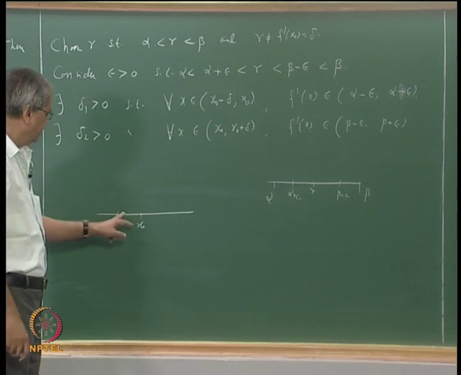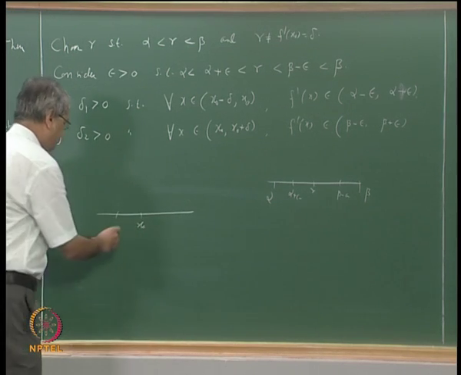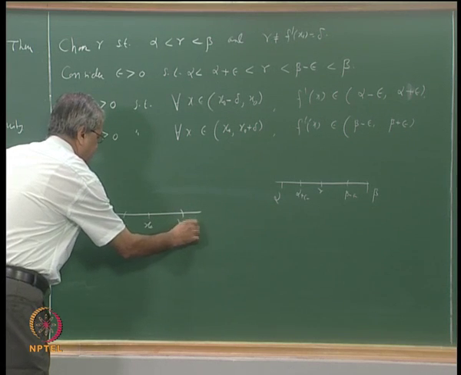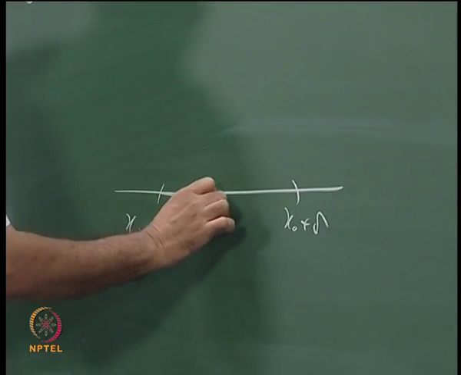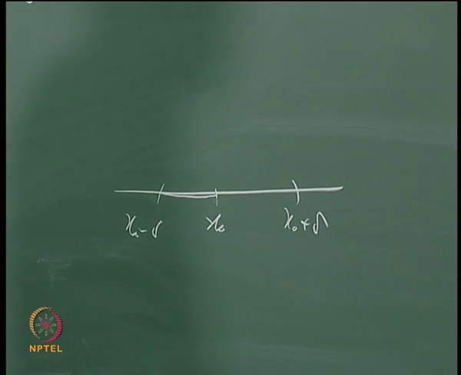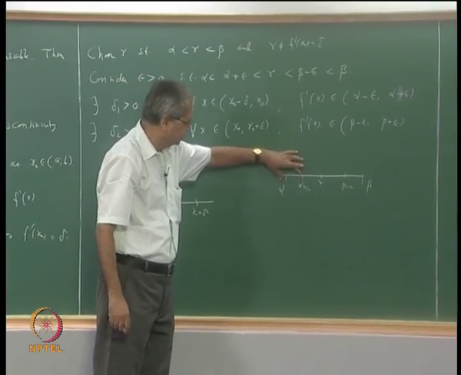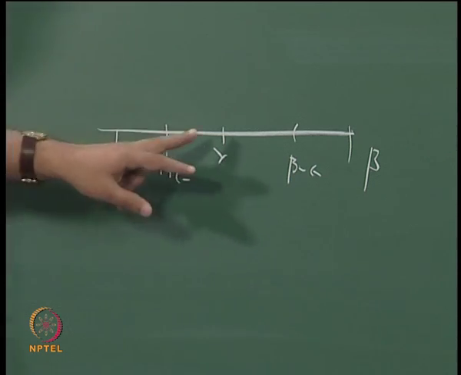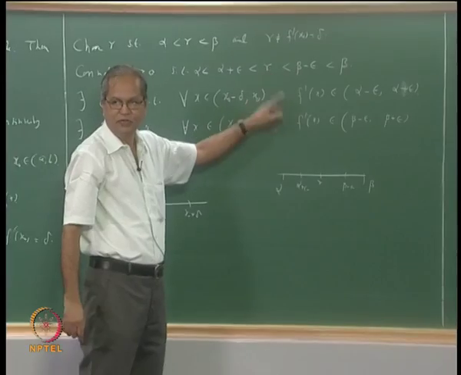Let us suppose this is x naught minus delta and this is x naught plus delta. In this interval x naught minus delta to x naught, all values of f prime x lie between alpha minus epsilon to alpha plus epsilon. F prime x naught is some value, which is not the same as gamma.